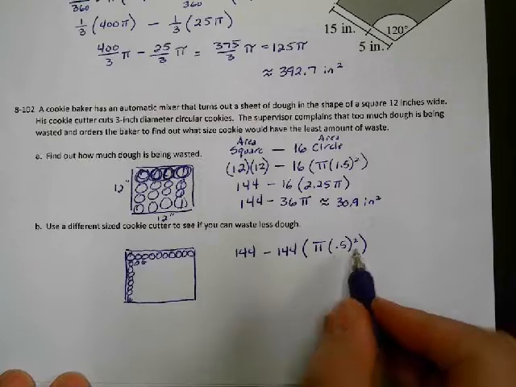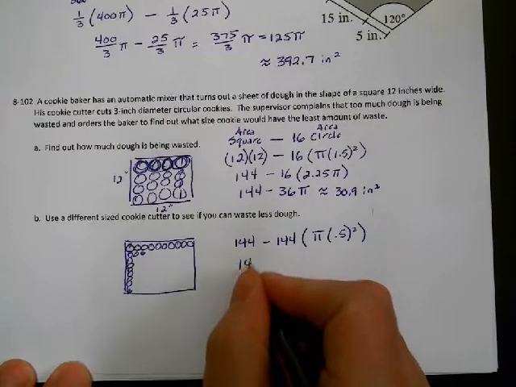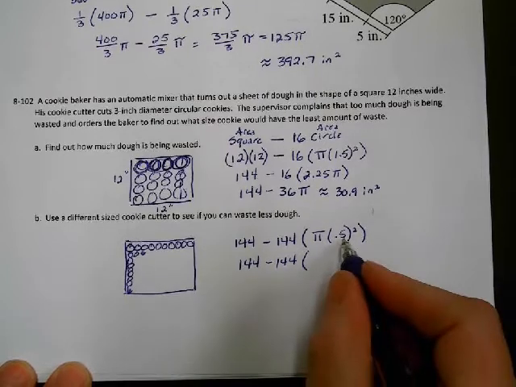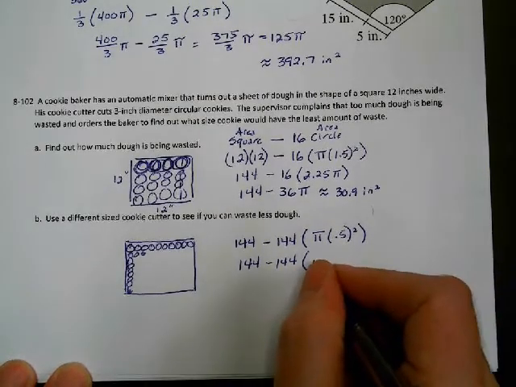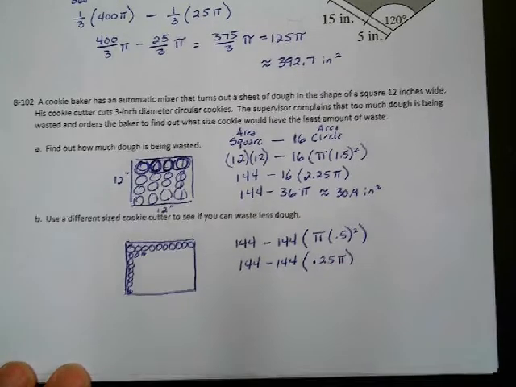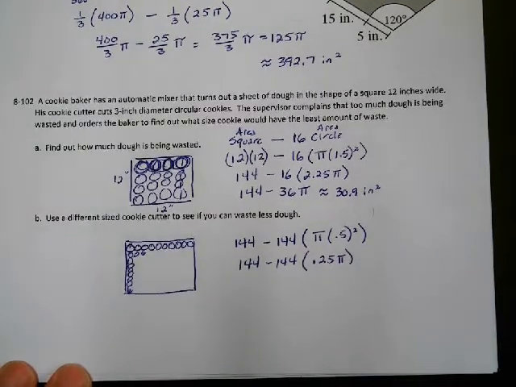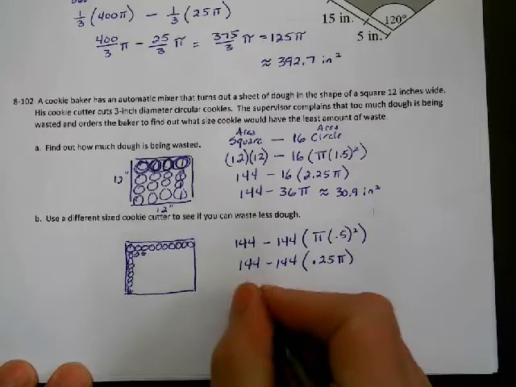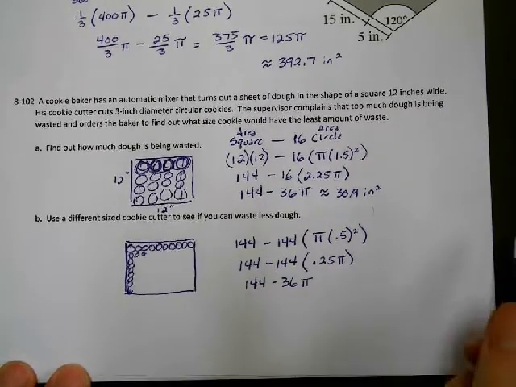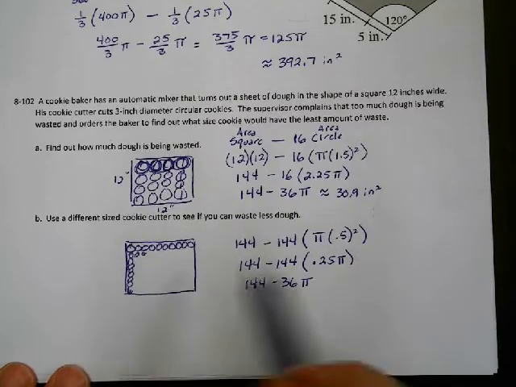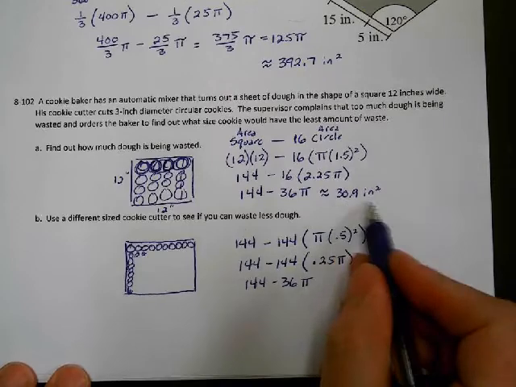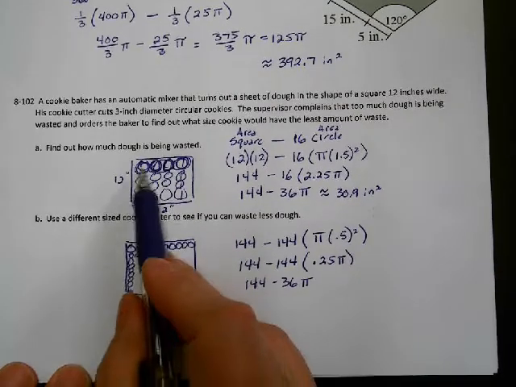So here I get 144 minus 144 cookies, and each of those cookies, 0.5 times 0.5 is 0.25, so this is 0.25 pi. 144 times 0.25 is 36. Same answer. So if we make 12 by 12 with all these cookies, we only have the same amount of waste as if we had 3-inch cookies. So 1-inch cookies and 3-inch cookies have the same amount of waste.